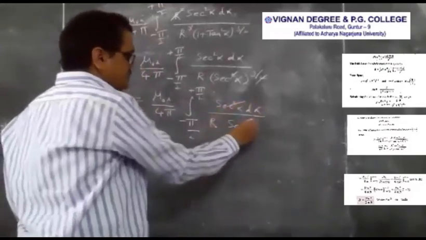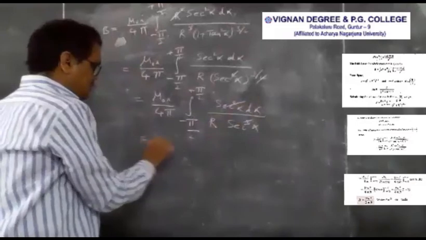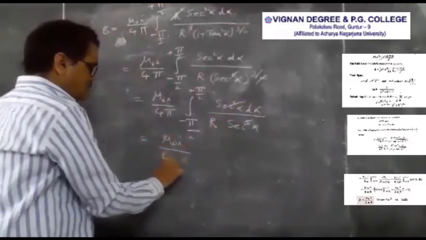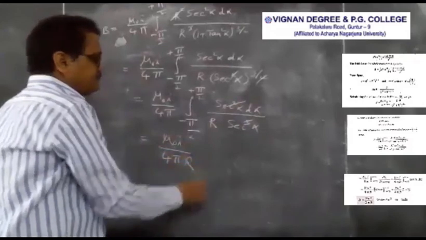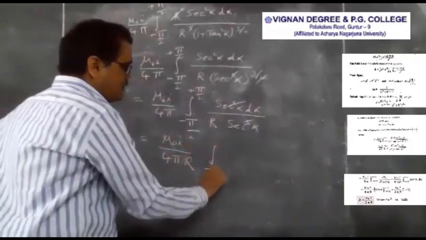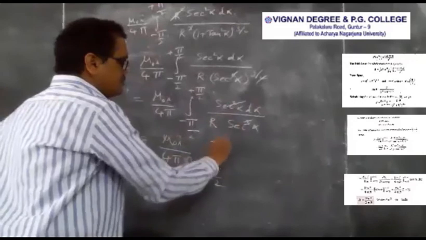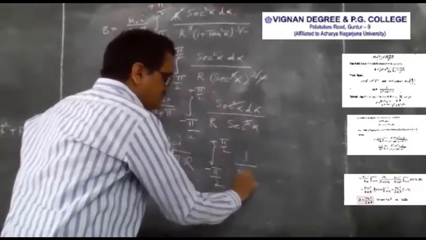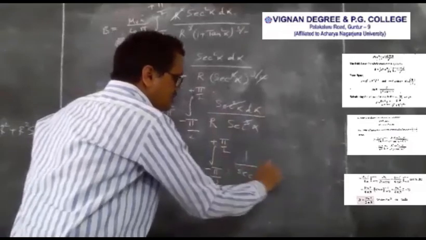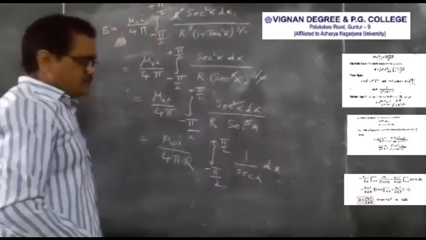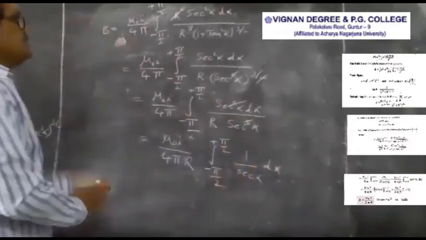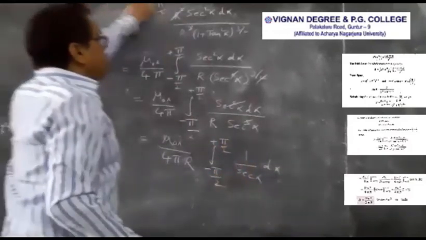By cancelling this, mu naught I by 4 pi R integral from minus pi by 2 to plus pi by 2, 1 by secant alpha d alpha. 1 by secant alpha is cos alpha.